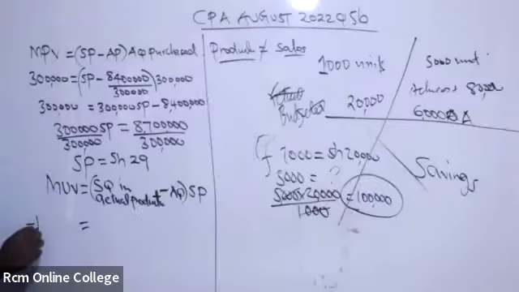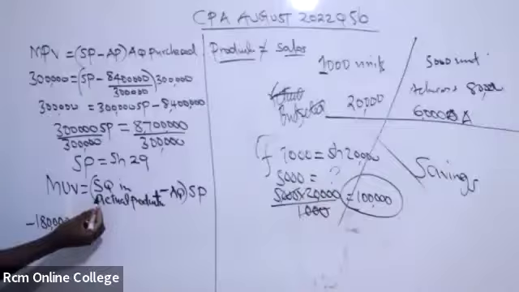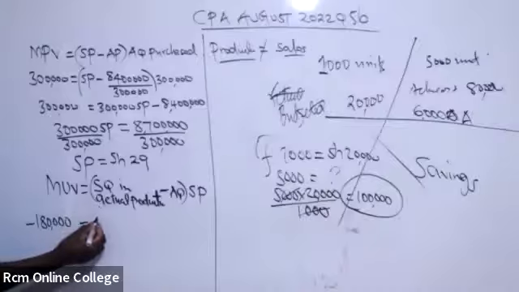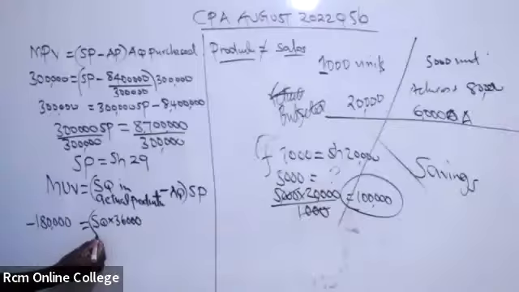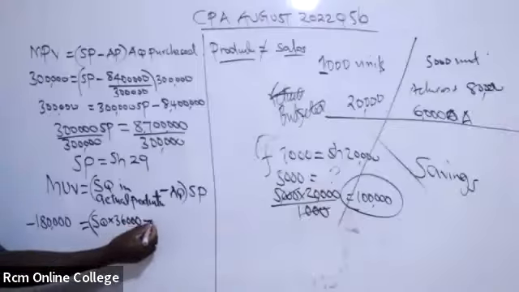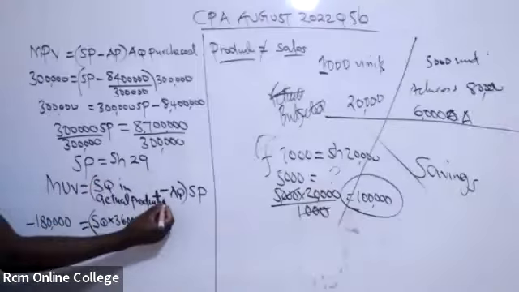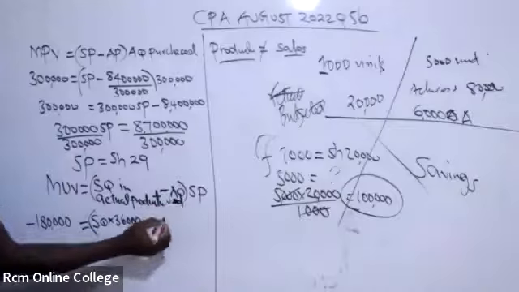So a negative of 180,000 is equal to standard quantity, which we are looking for, in actual production, which is 36,000, minus actual quantity of raw material used in the production.